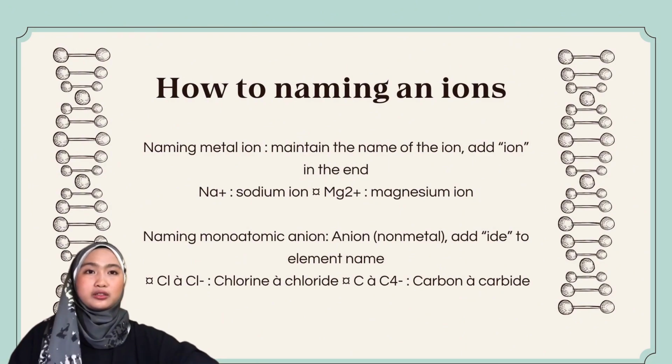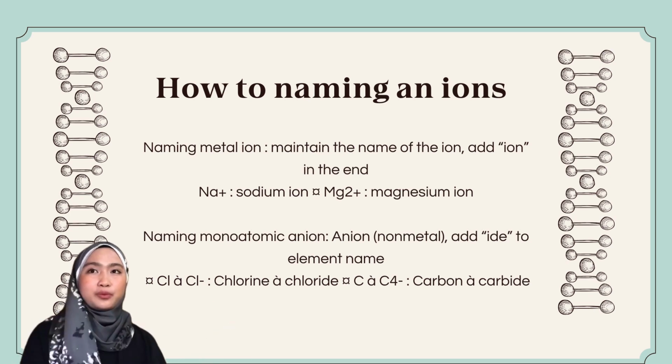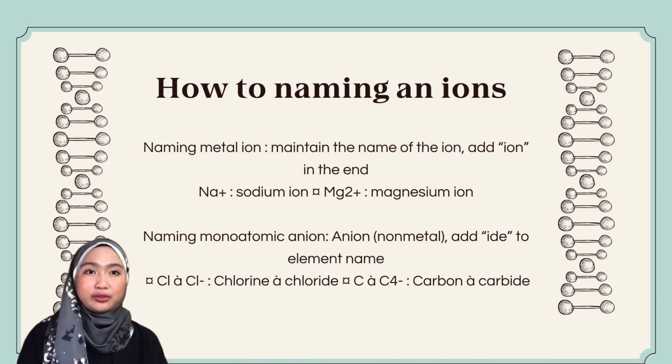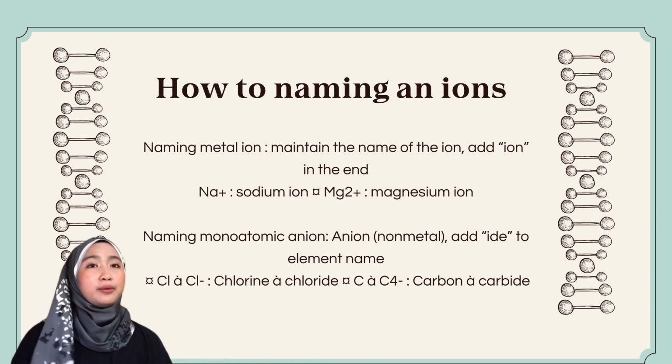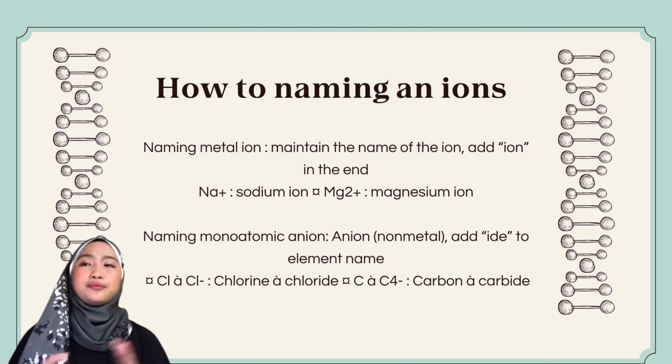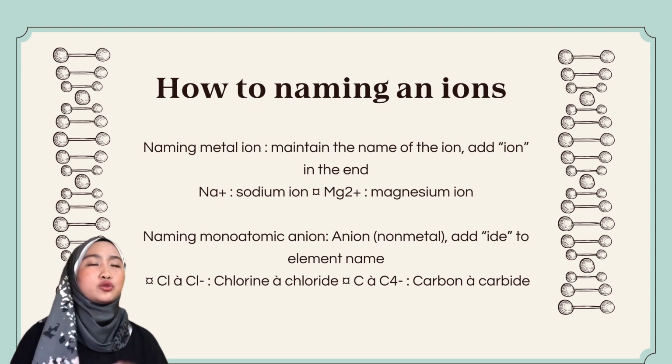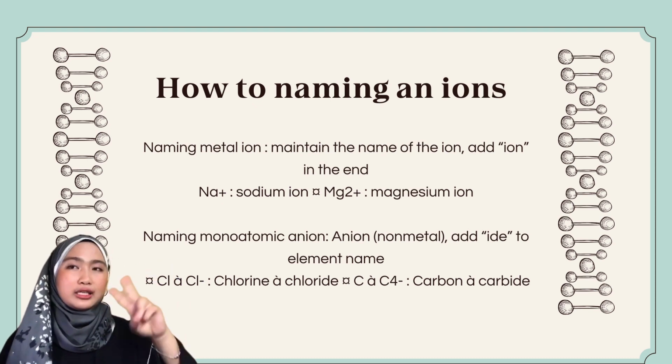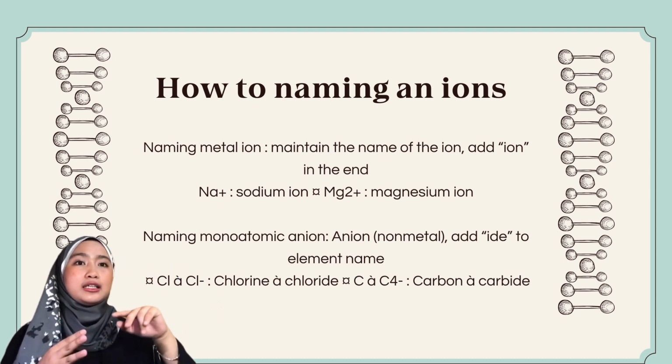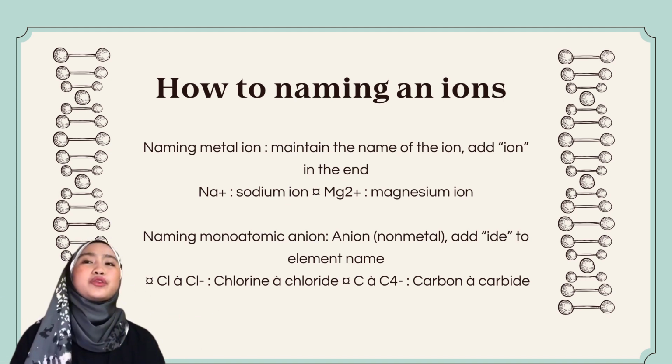We are going to the first subtopic, naming ions. How to name an ion? Ions are given to two types: metal and non-metal. So the first is the metal ion.